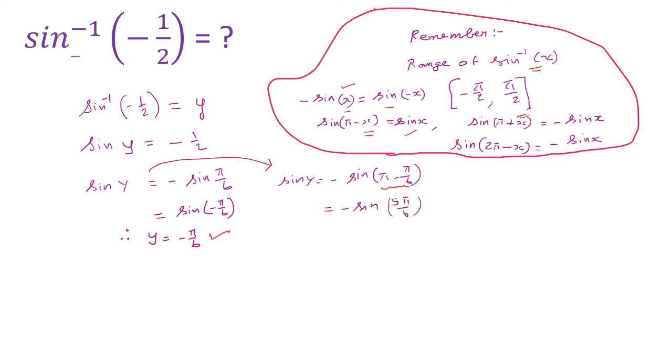So minus sine 5 pi by 6. Again you apply minus sine x equals sine minus x, so it should be sine minus 5 pi by 6. Now this is sine y, so you can also write y is equal to minus 5 pi by 6.